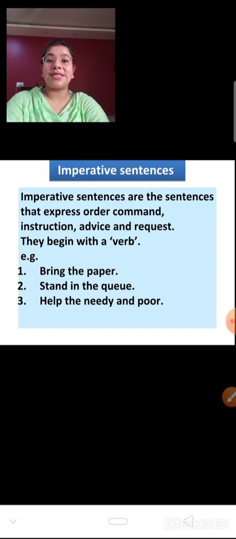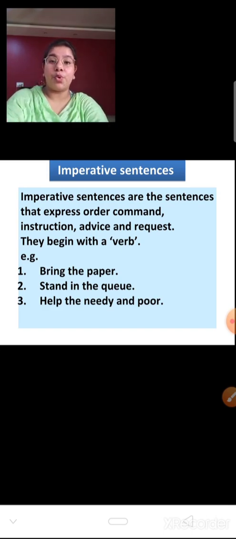So they always start with the verb, and they are known as commanding sentences. When we command someone, when we give instruction, don't do this, don't do that, that is known as imperative sentences, where a person is giving command, instruction, advice, or request. If I am taking an example for a request, please don't do this.